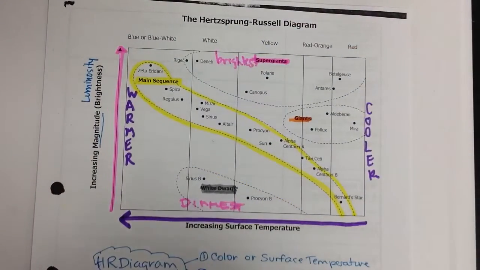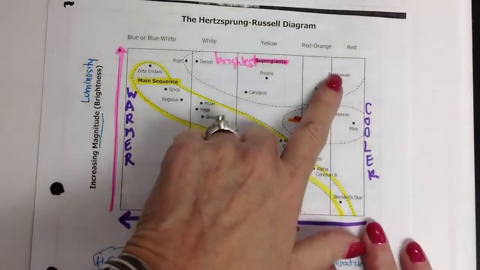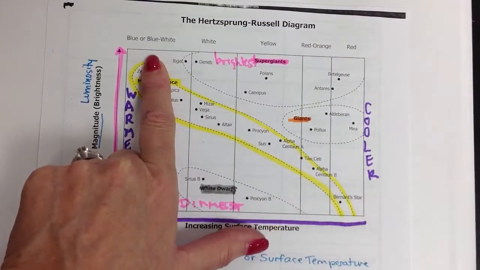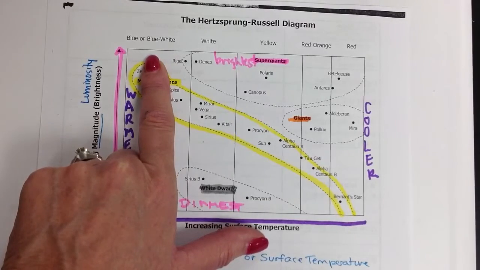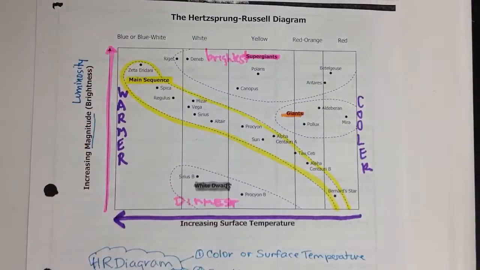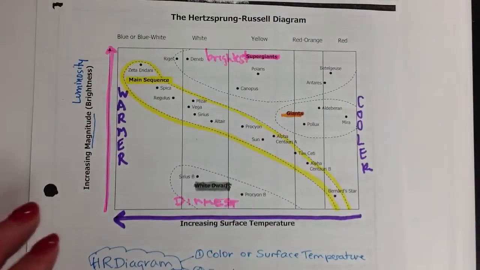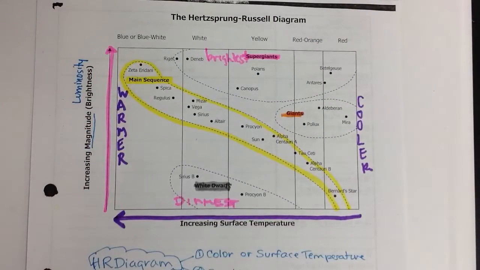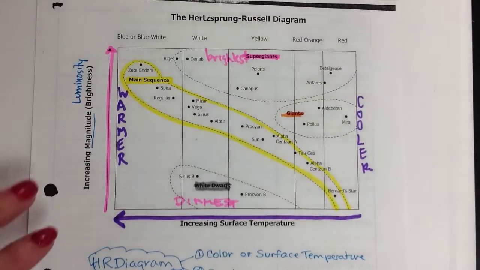Okay, so with this diagram, if you pay close attention, you're going to see that there's also some colors across the top. These colors have to do with the direct color of the star associated with its surface temperature. So if we look at a star and it is reddish in color, its surface temperature ranges about 3,000 degrees Kelvin.